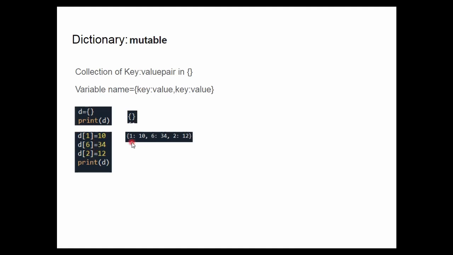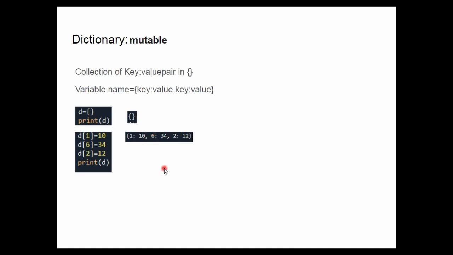Now what values are we adding? We are providing only the values. We are not providing the keys. The key for the value 10 is 1. The key for value 34 is 6. The key for value 12 is 2.